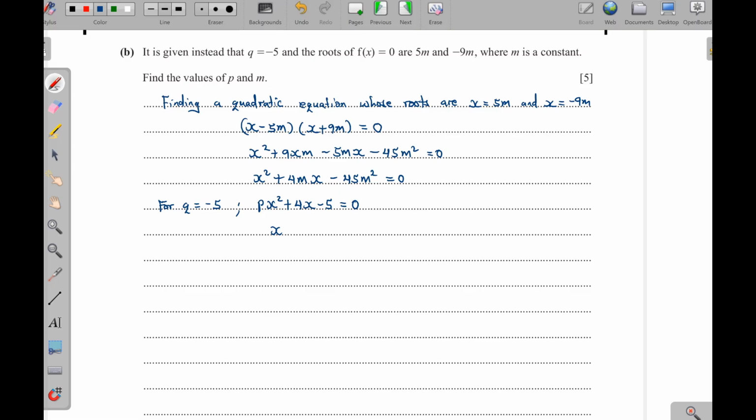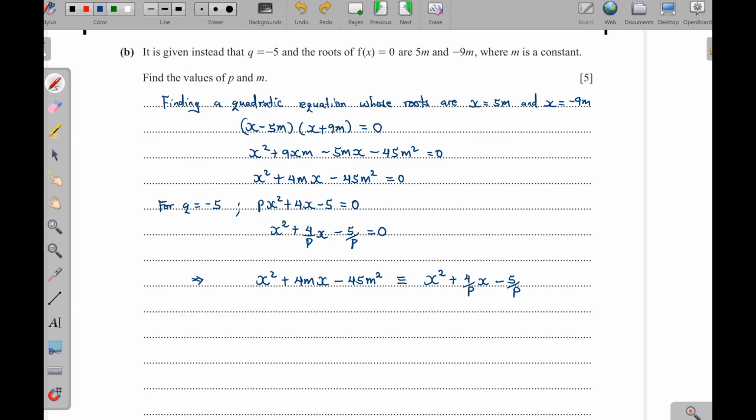So we are going to have x squared plus 4 out of p of x minus 5 out of p, which is equal to 0. This implies that x squared plus 4m of x minus 45m squared is the same as x squared plus 4 out of p of x minus 5 out of p. Now we are going to equate coefficients. Already this one is a 1.